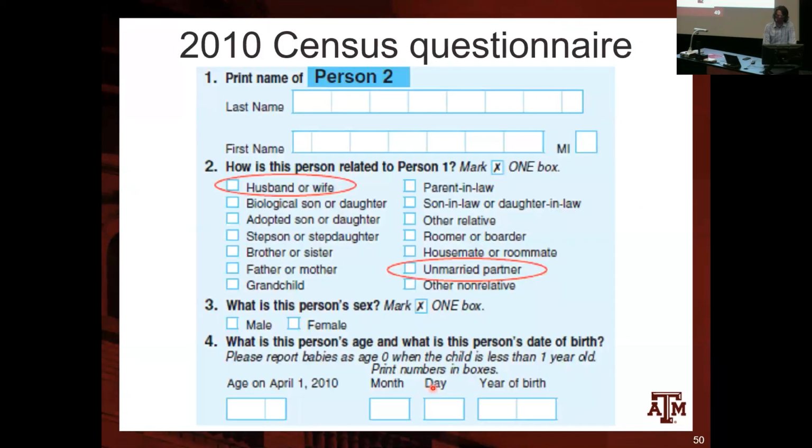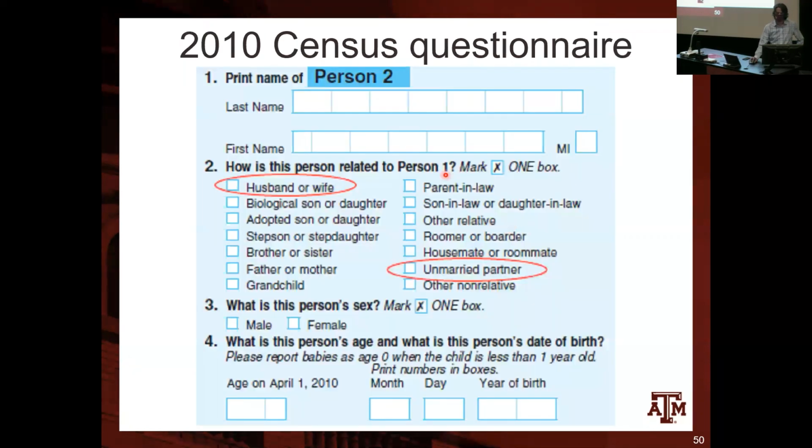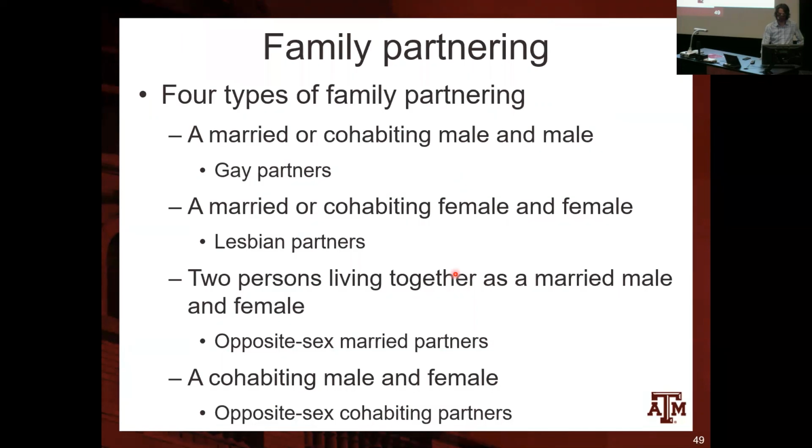On the other hand, if the sex of person 1 and the sex of person 2 is the same, and person 2 is the husband or wife or the unmarried partner of person 1, that household is going to be either a married or cohabiting male and male household or a married or cohabiting female and female household. If person 1 and person 2 are both male, and person 2 is classified either here or here, that household is going to be a gay partner household.